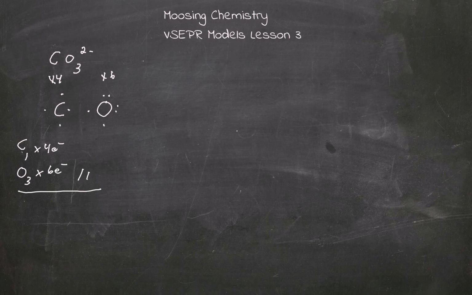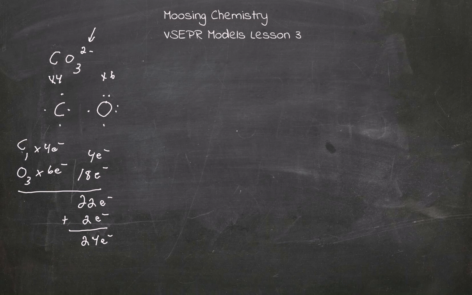This gives us a total of 18 electrons for oxygen and 4 electrons for carbon. So that gives me 22 electrons. But look here, we have a -2 charge. So we have to add 2 electrons to give us a total of 24 electrons.